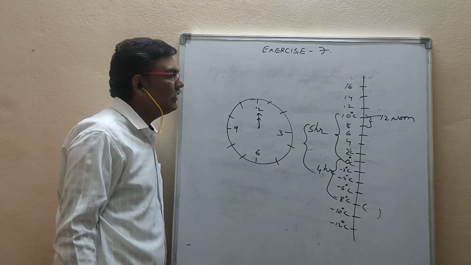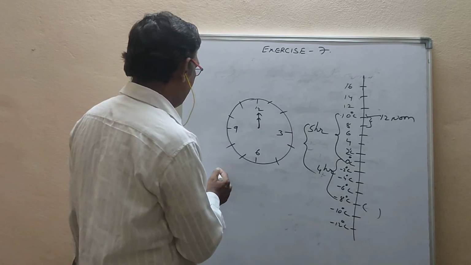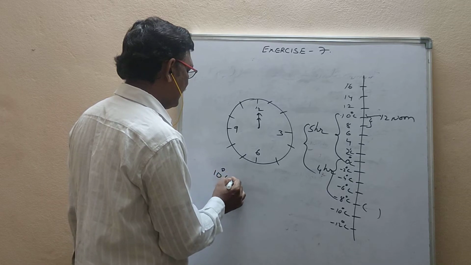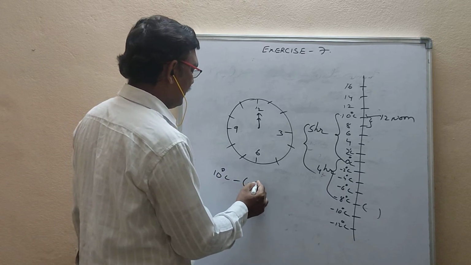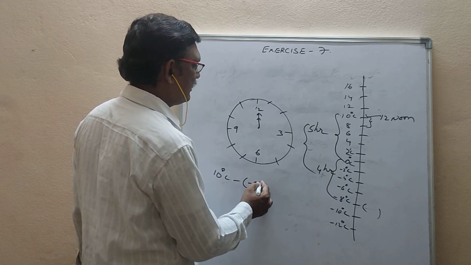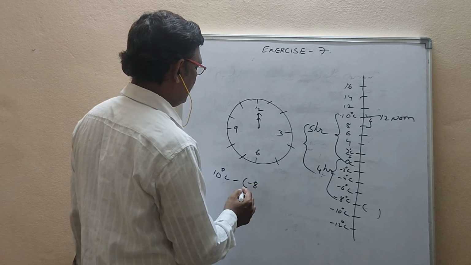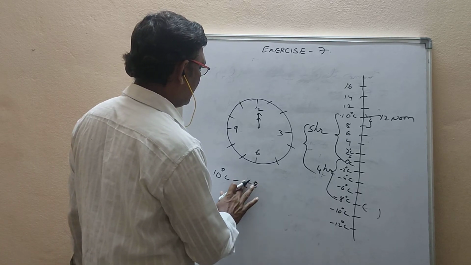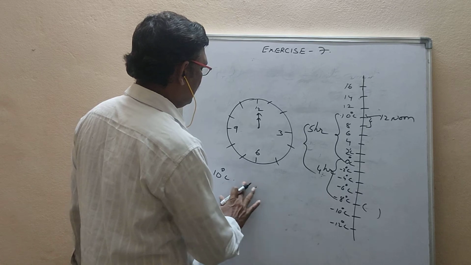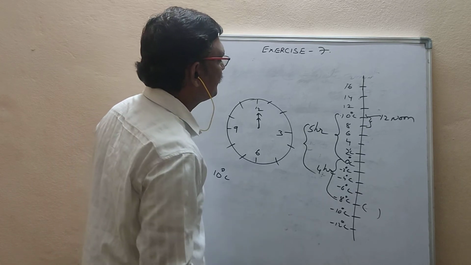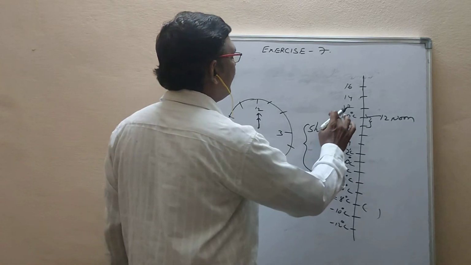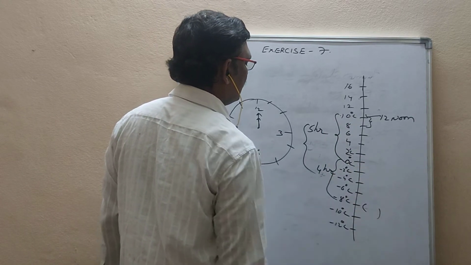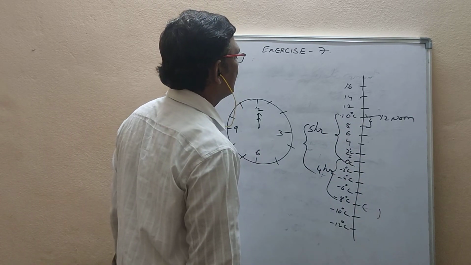How you will get? 10 degrees centigrade minus of minus, so you won't get like that. You should count.